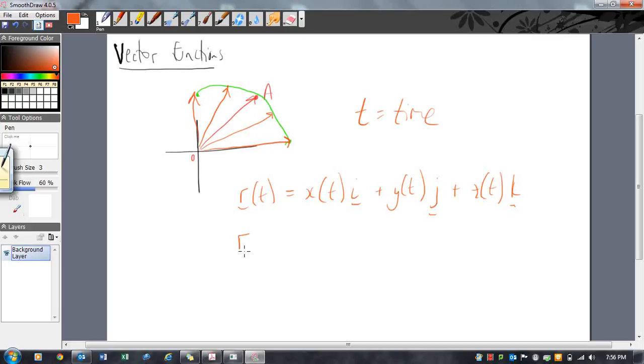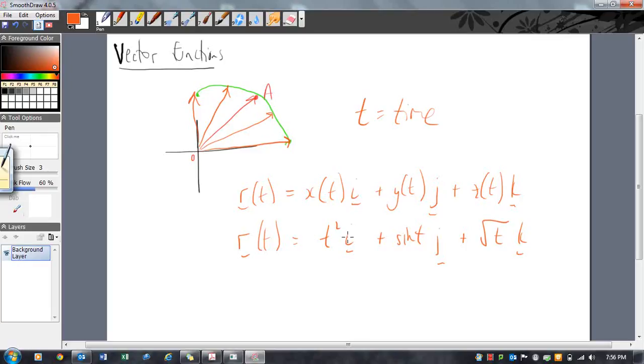Just an example of what something might look like: x might be t squared i, so there's a function of t in the i direction, plus sine t in the j direction, plus the square root of t in the k direction. In each component we've got motion.